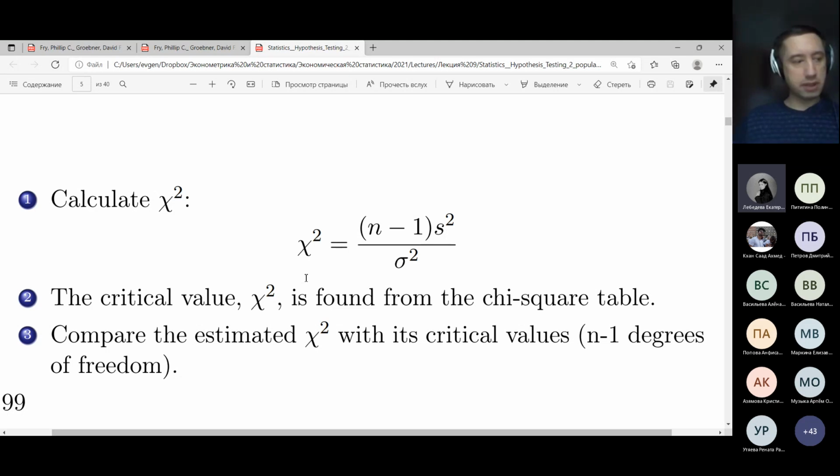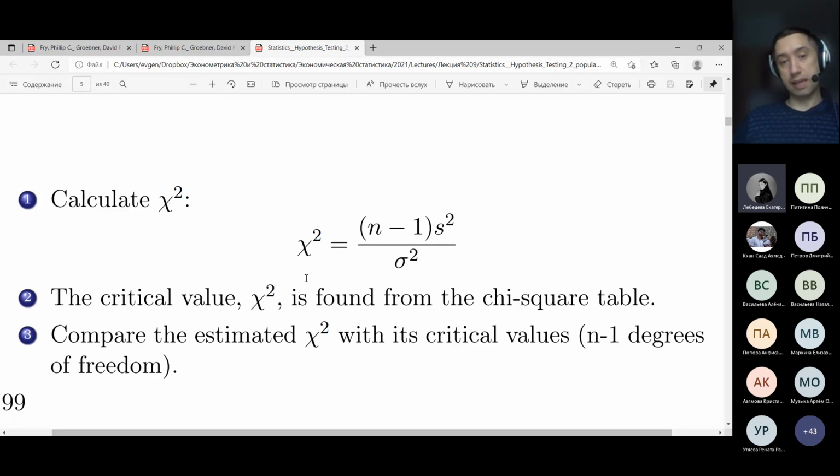For sure, it's not very convenient to calculate variances all the time and look for the right threshold. Instead, we transform our variances to chi-squared units. Likewise, we transform our averages to z units or t units, or z statistics or test statistics. Here we transform variances to chi-squared statistics. To do this, we rely on this formula.